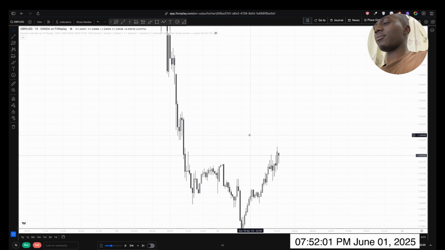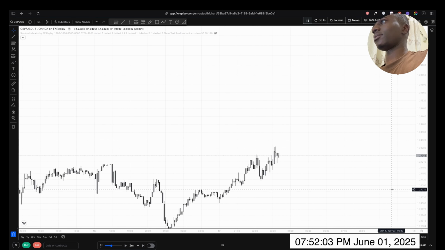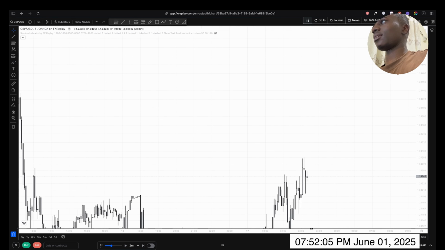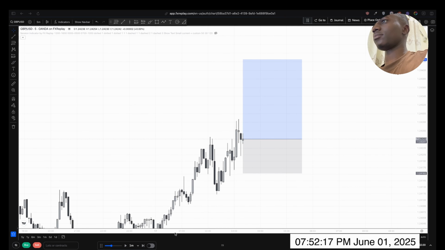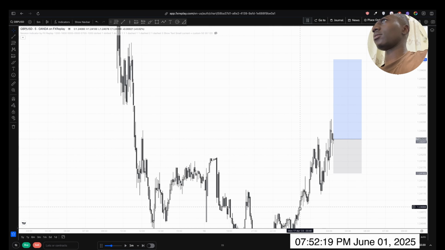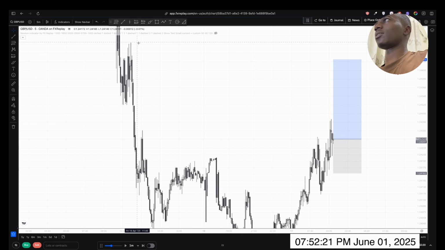Okay, I think we can take some small risk here on this gap and trade the continuation. Stop loss, few pips below. Take it to 1 to 2. And we might expect to take out this high as well.